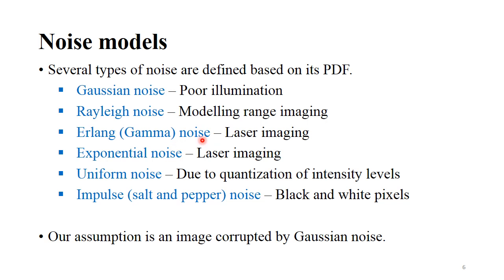Erlang or gamma noise, in laser imaging, exponential noise in laser imaging, uniform noise due to the quantization of the intensity levels, impulse noise, black and white spots on the image, called impulse noise. Of the many types of noise, our consideration is only an image corrupted by Gaussian noise.